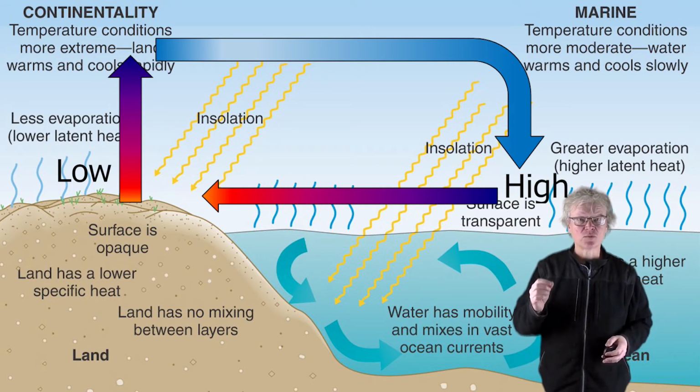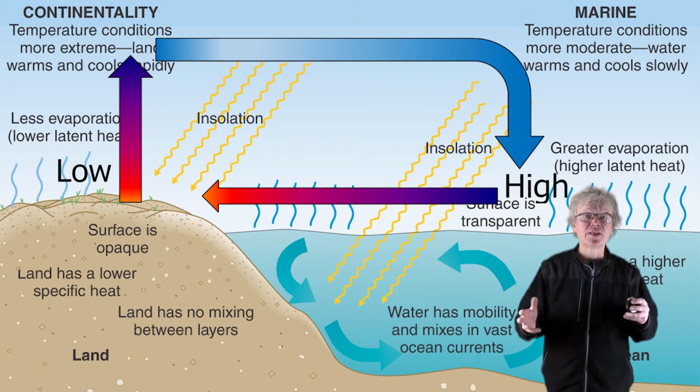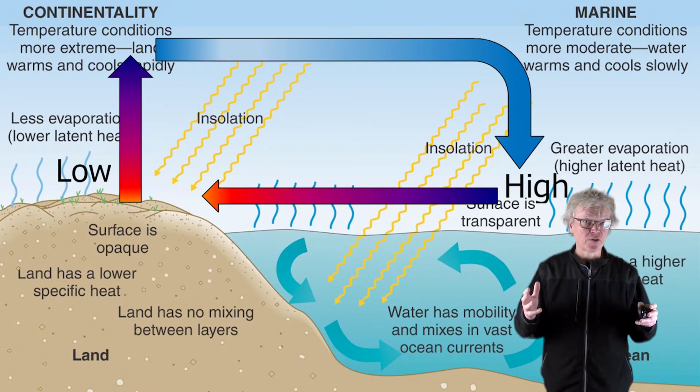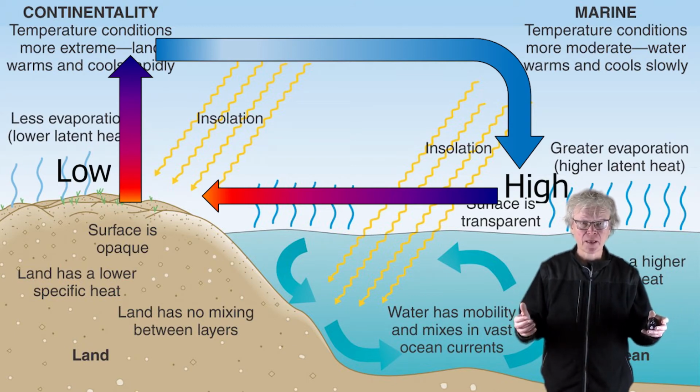It always moves from areas of high pressure to areas of low pressure. And the speed at which air moves is dependent upon the difference in that pressure gradient. So if you've got very high air pressure somewhere and very low air pressure somewhere else, then that gradient will move much more quickly.